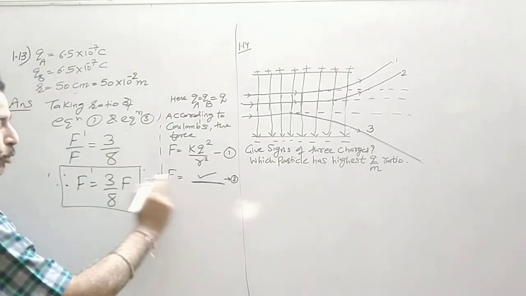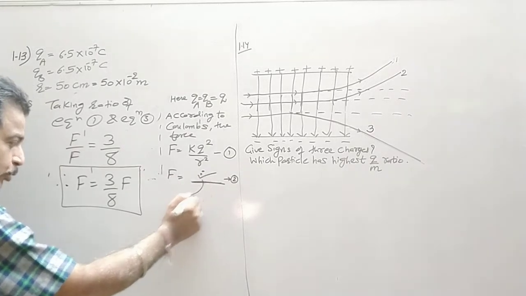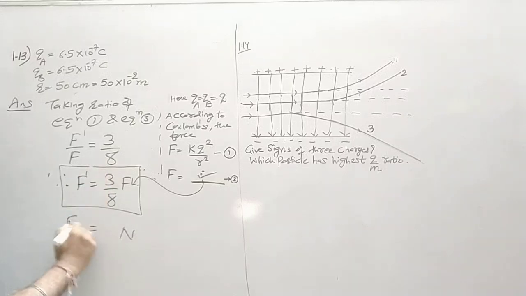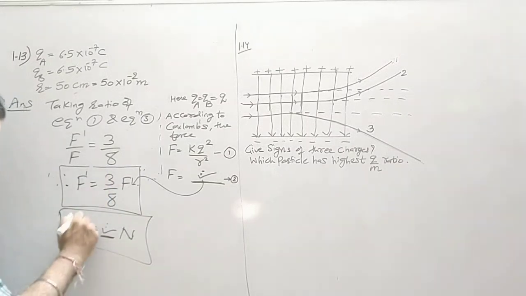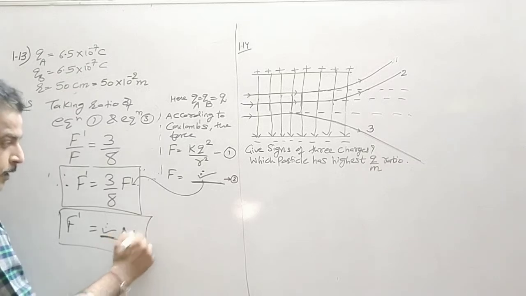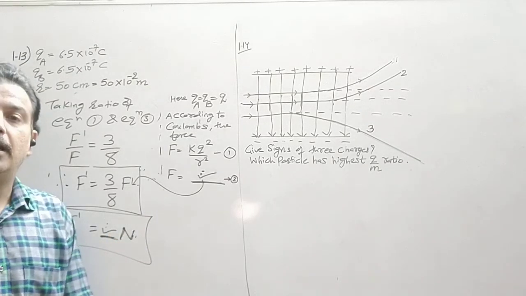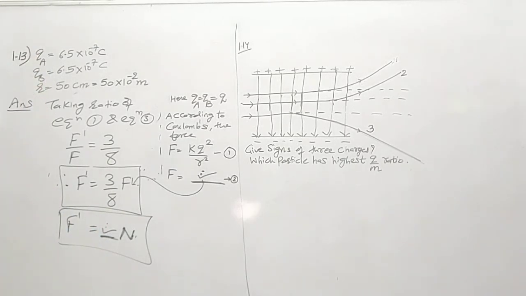Initial force you have found here in equation 2. Substitute this value what you have found here, you will get a new value F dash. I am keeping this again as an exercise, this much Newton. So this is our simple example question number 13 of textual exercise.